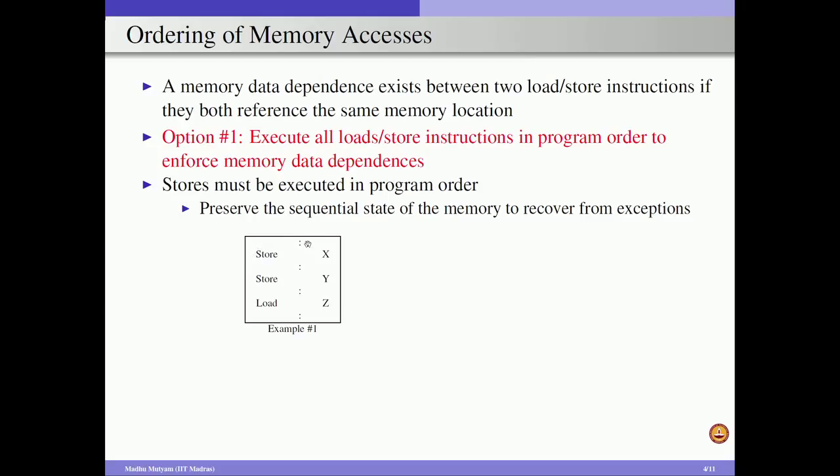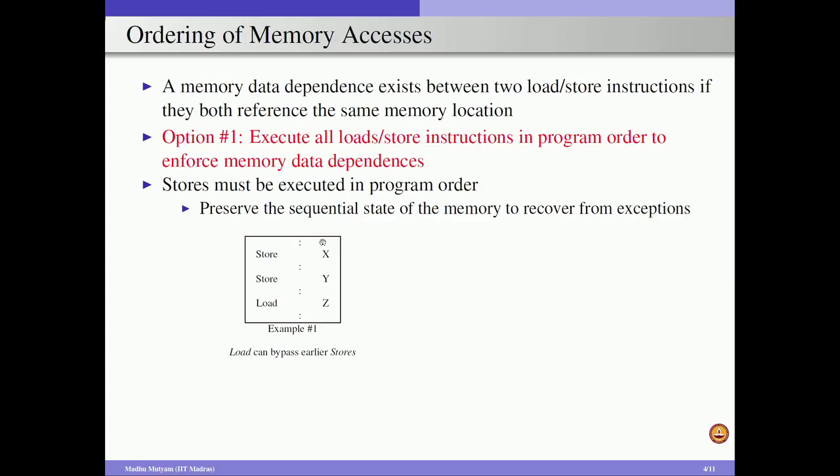There is no point in delaying this load until the store instructions finish their execution. So in this scenario, we can go ahead with load bypassing. This load instruction can bypass the previous store instructions, so that it will be executed in a speculative, out of order fashion, and finish its execution.